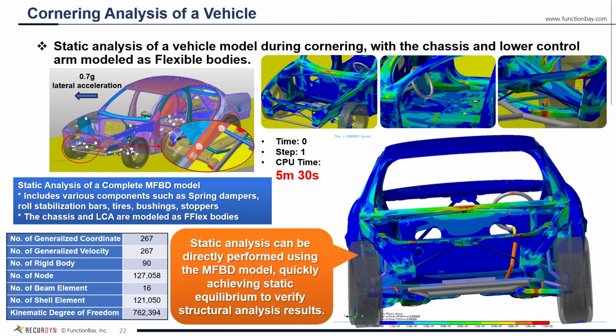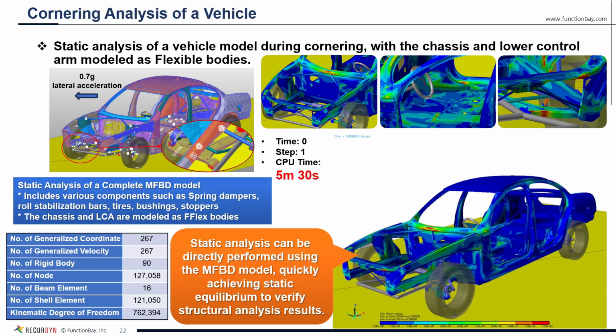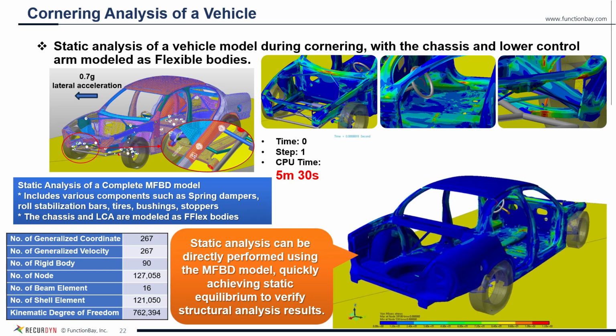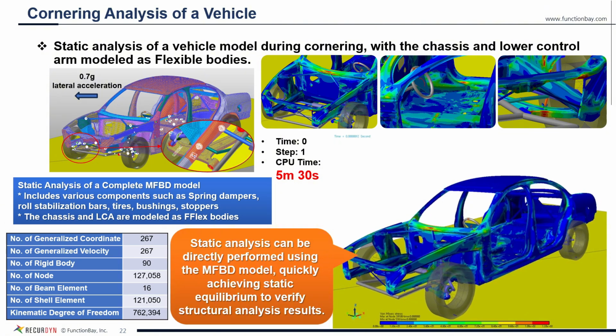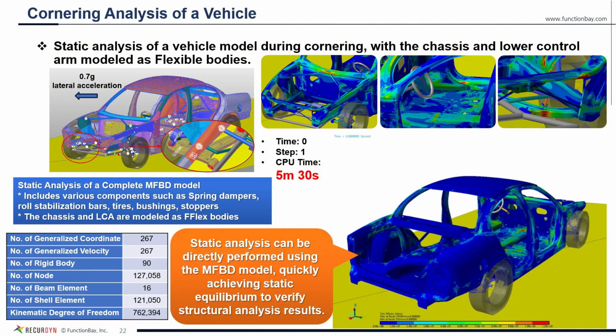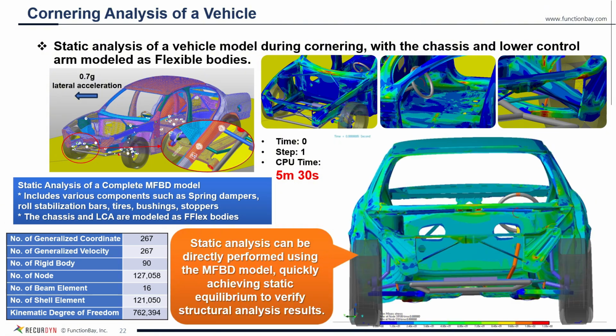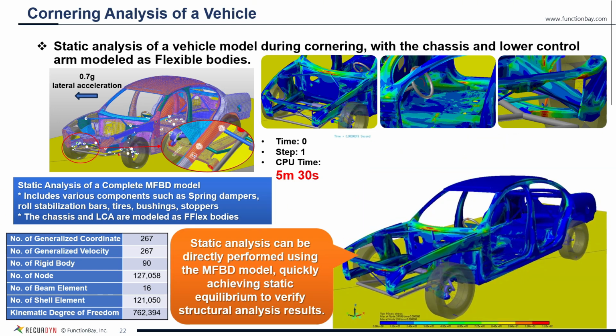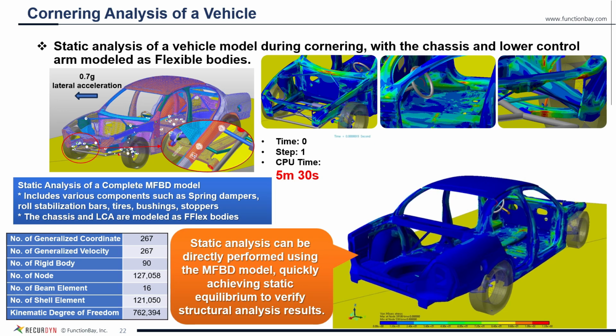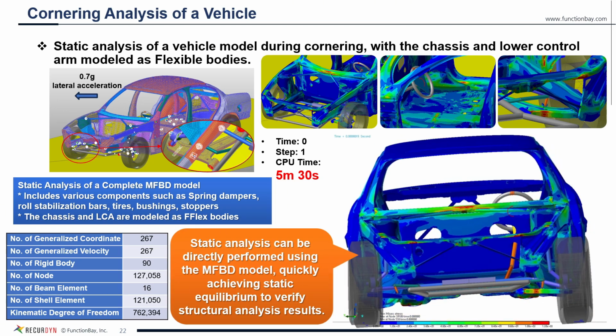This example demonstrates performing static analysis under lateral acceleration conditions on a vehicle model, which represents the full vehicle model. Its chassis and lower control arm are modeled as flexible bodies. As you might expect, performing dynamic analysis on models that include large flexible bodies can take a significantly long time.